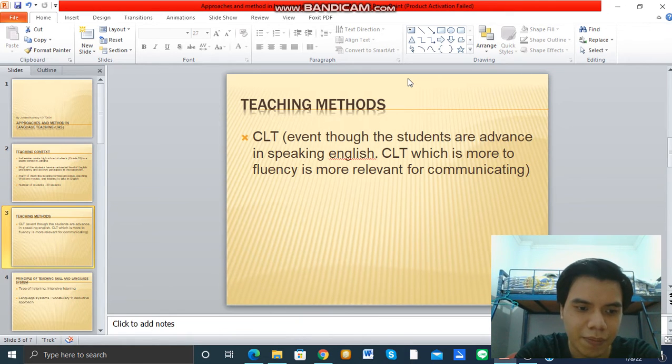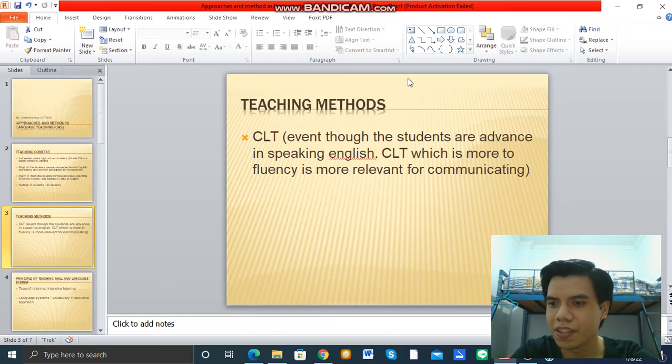The teaching method that I've decided to use is CLT, also known as communicative language teaching, because even though in the teaching context I mentioned that some of the students have an advanced level of English, however, some students are not capable of speaking accurately in English.